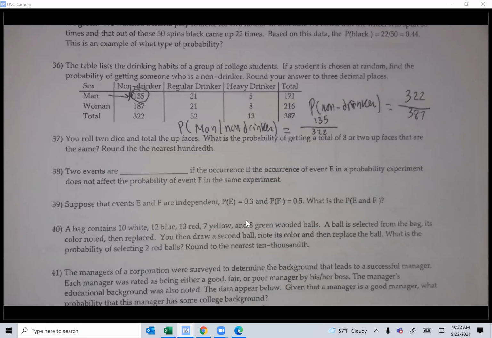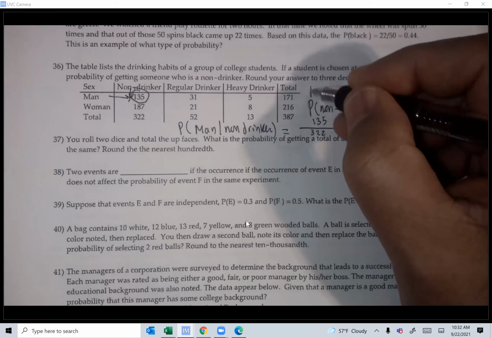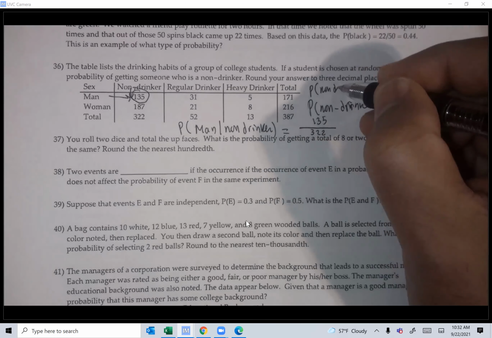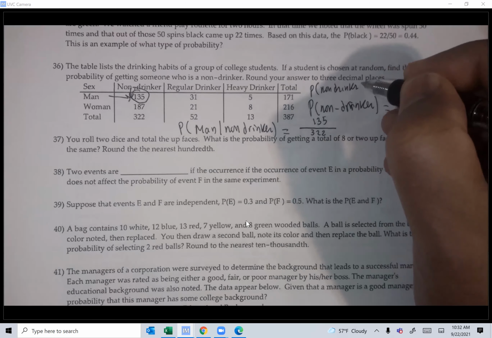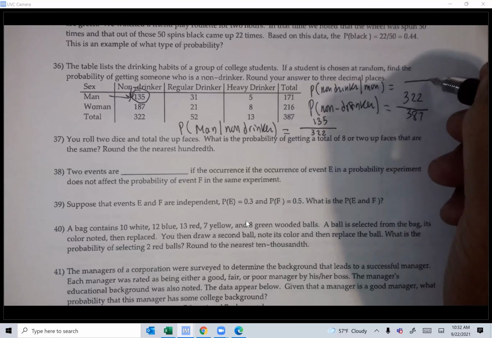Here is another example. We're now reviewing chapter 3. What is the probability of selecting a person who is a non-drinker given that the person is a man? You see, I switched the words.